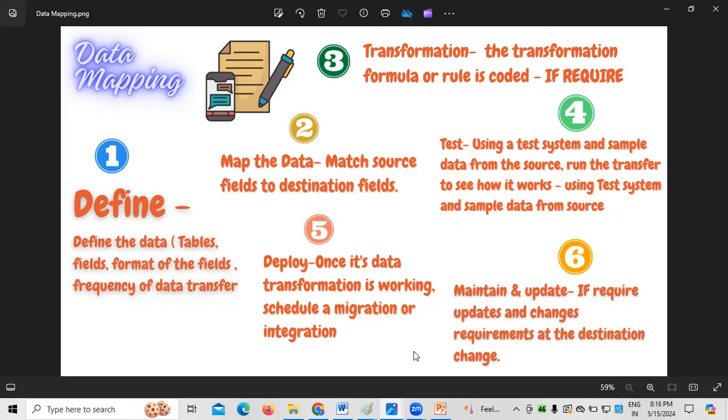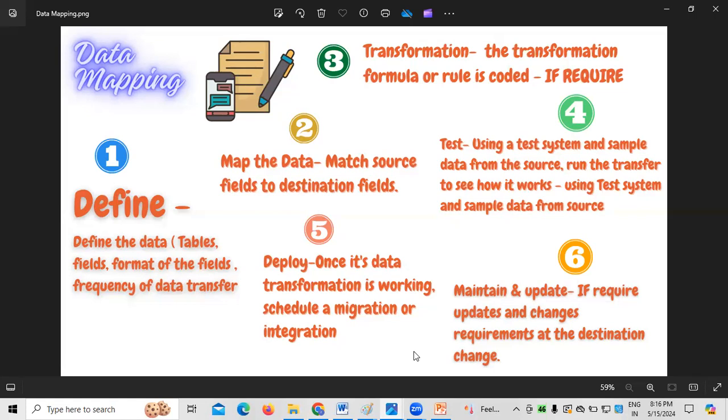Once we map the data, the third point is the transformation part. Transformation means there are some rules and regulations which have to be written in the form of code. This is where the coding people, medical coding people or whoever, come into the picture and have to write the code. There are different tools we use, like SPSS, SAS, and clinical report related healthcare coding.